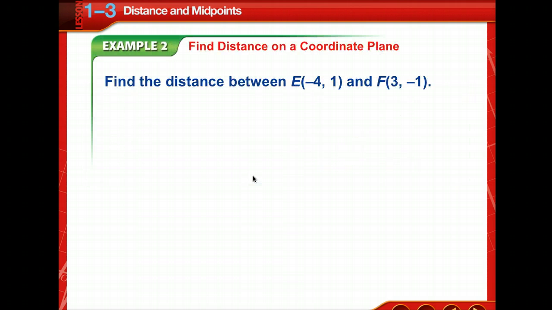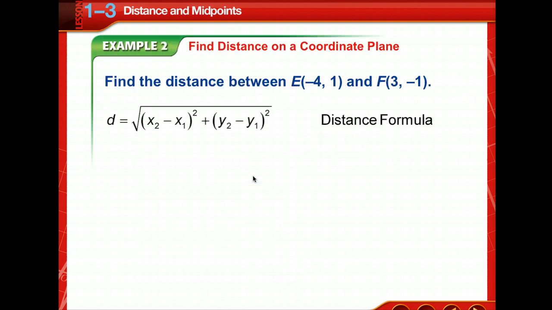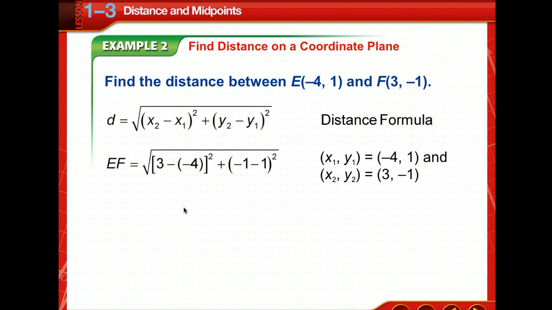So all we have to do when we're working a distance problem is simply substitute our values into our equation. Now what I like to do when I'm working this is I take the points and I would put a little x1, y1 here, and a little x2, y2 on this one, so that just makes it easier. Once you've got those labeled, all you have to do is substitute into the formula. So we're naming this one as point 2.